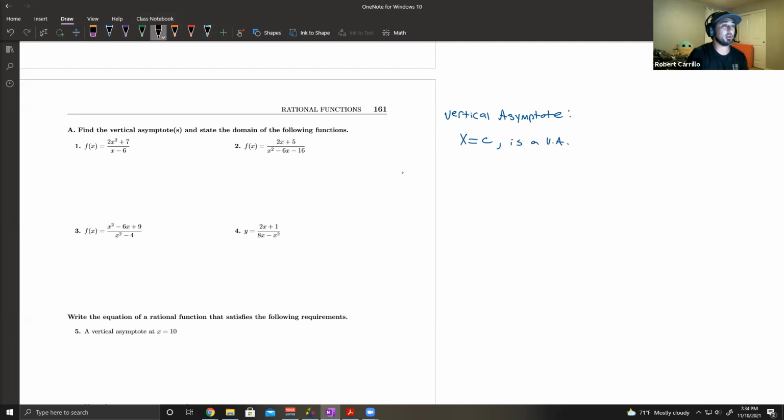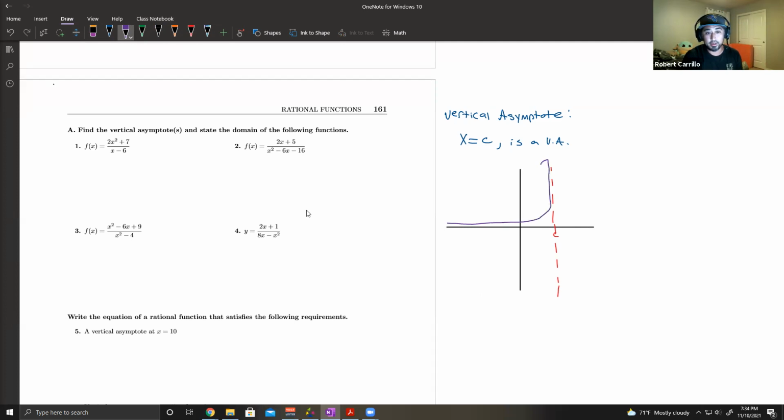Then if I were to draw my graph, let's see, make this pretty. There we go. Then at this value of c, let's just put it here, I'm going to have a dashed line. And as my function approaches this vertical asymptote, it will never, ever touch it.